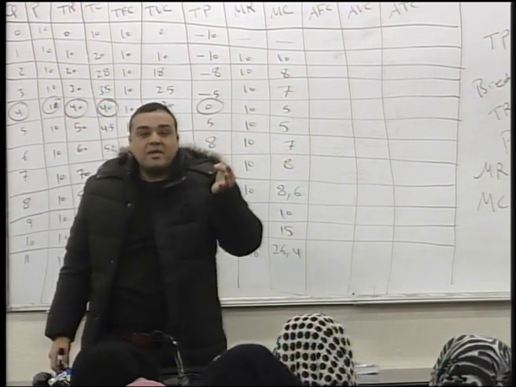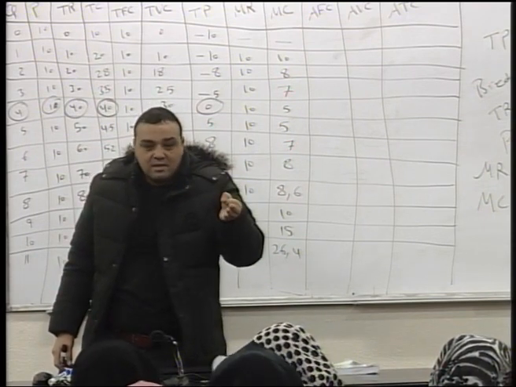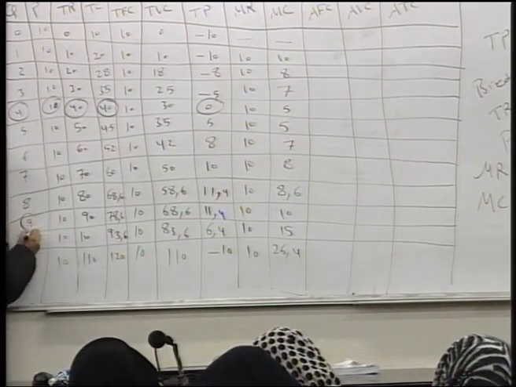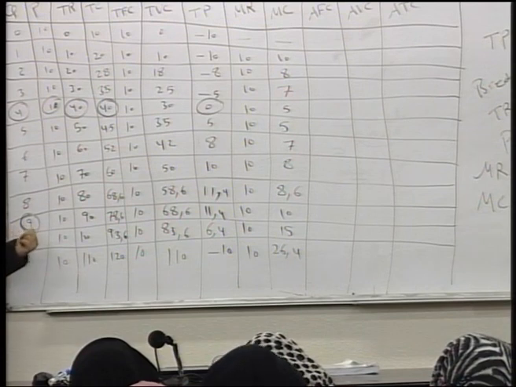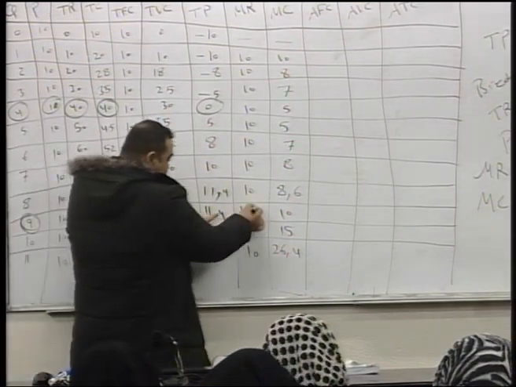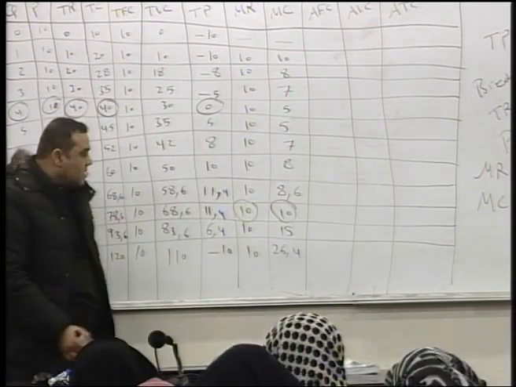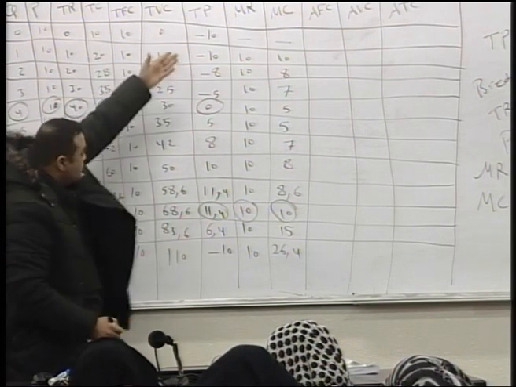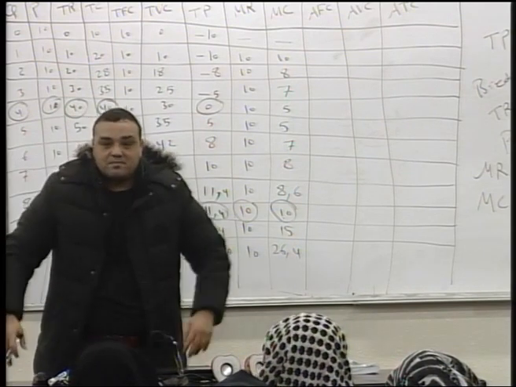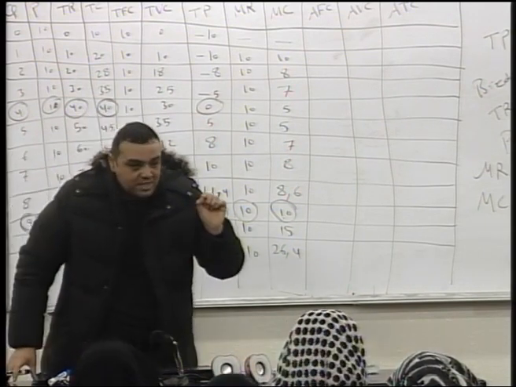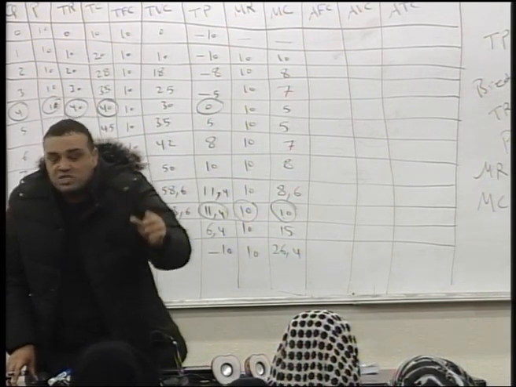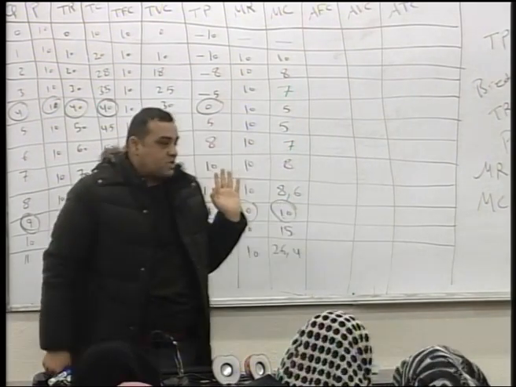The quantity that maximizes the profits for the business is Q equals 9. It has to produce at Q equals 9, at which the marginal revenue equals the marginal cost. Here we have the highest profit. Where did the highest profit occur? At the point where marginal revenue equals the marginal cost. And this is a rule in all markets. The equilibrium point, the best point, the optimal point for the business is the point at which the marginal revenue equals the marginal cost.